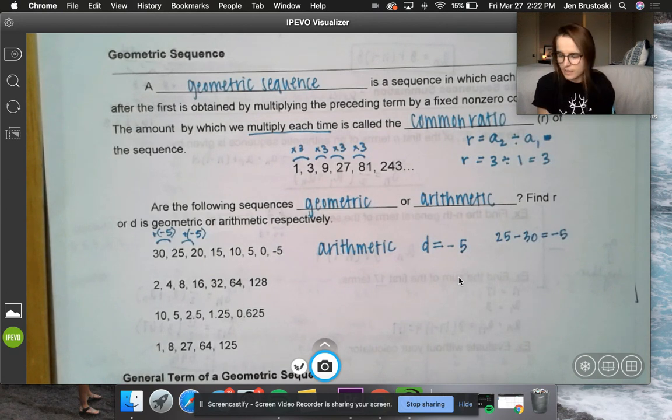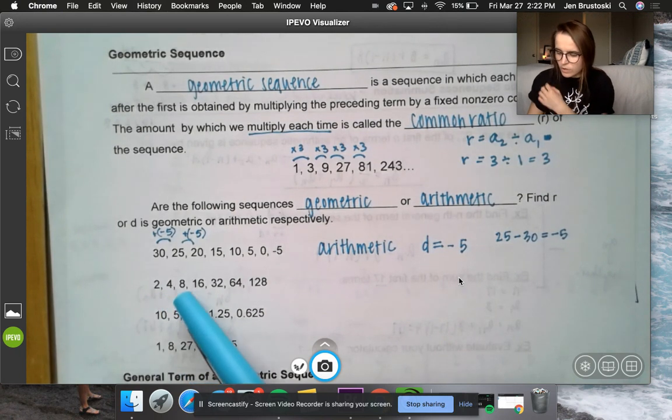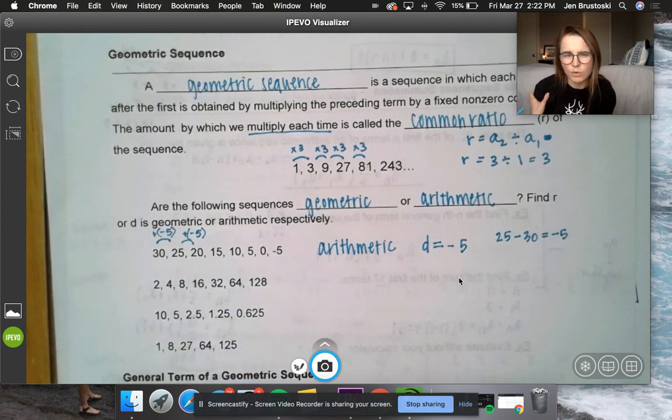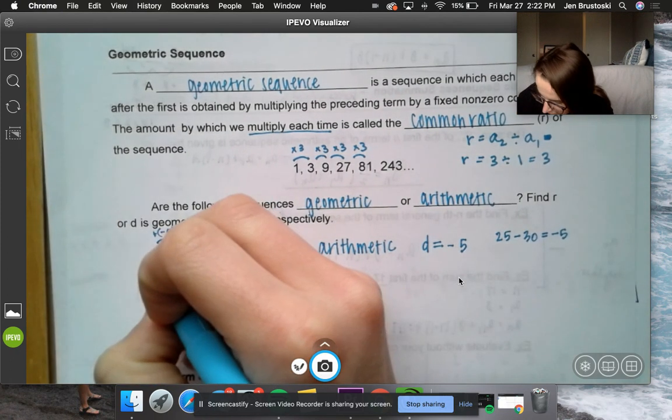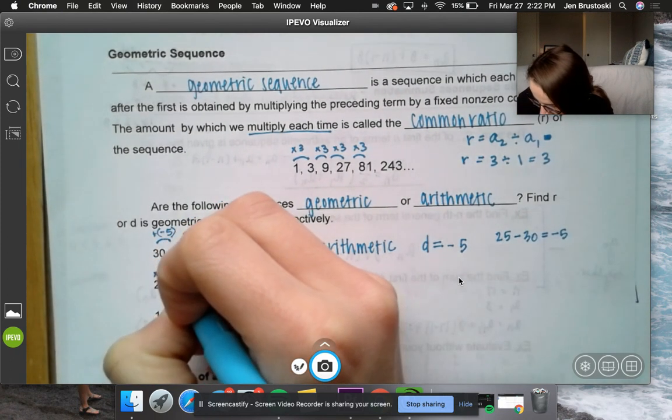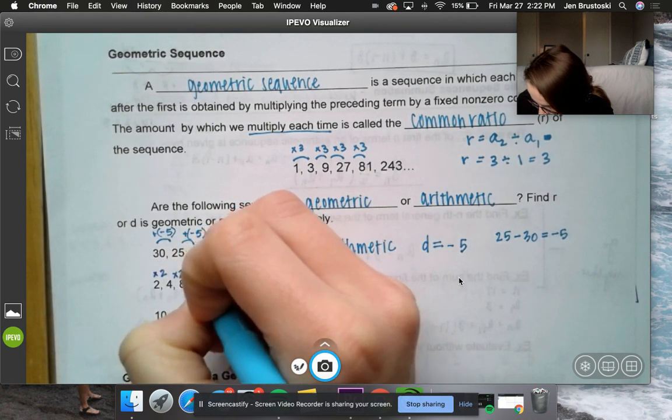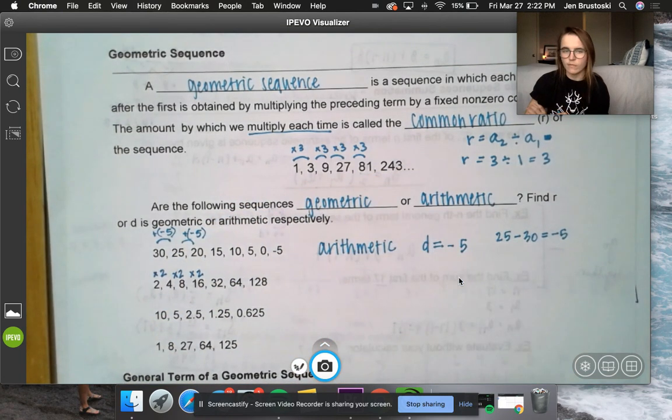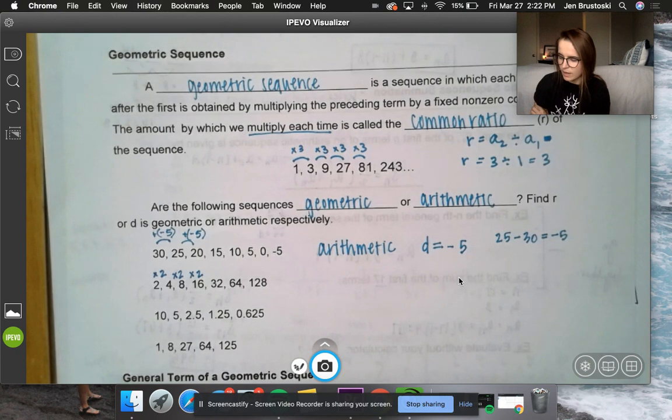All right, looking at our second example, 2, 4, 8, 16, 32, 64, 128. So we're not going up each time by adding, we are multiplying by 2 each time. If you've ever played 2048, you probably noticed that.